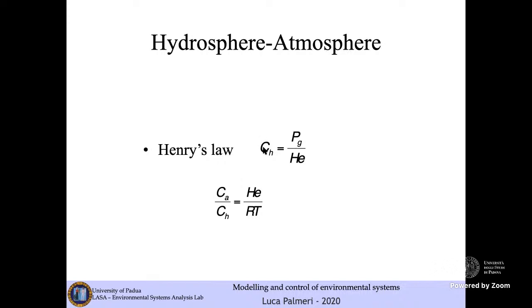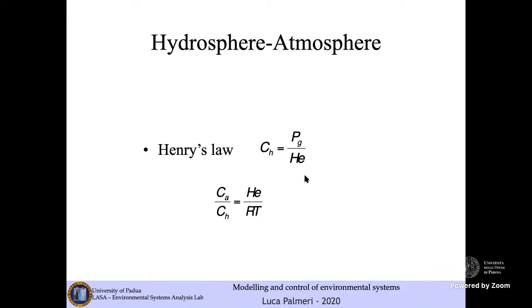One is the concentration in the liquid phase, and the other one is the partial pressure in the gaseous phase. And this interaction is regulated by a constant, the so-called Henry constant, that is a characteristic typical of a substance. Different substances display different Henry constants.